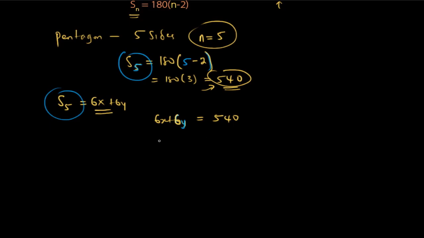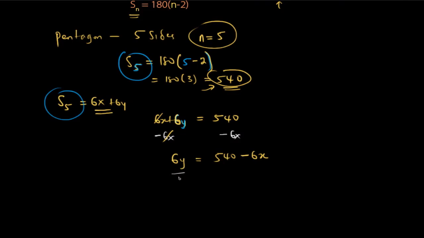So when you subtract 6x from both sides, you have negative 6x, negative 6x. What you would have left is 6y equals 540 minus 6x. Since we want to make y the subject, I have to divide both sides by 6.